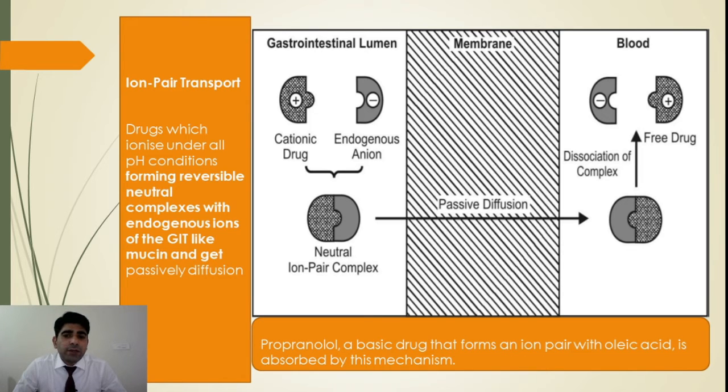This complex will move from the site of absorption to the other side by passive diffusion, and after reaching the blood it gets dissociated and the free drug will be available for the mechanism of action. For example, propranolol is one of those basic drugs that will be transferred by ion pair transport. After getting ionized in the stomach, it will bind with oleic acid and finally get absorbed into the blood.